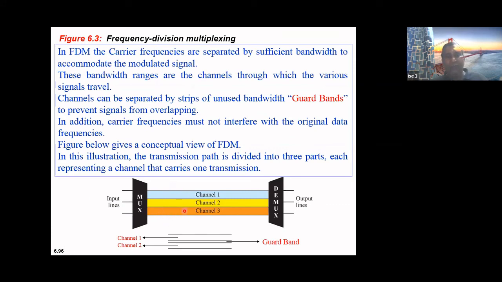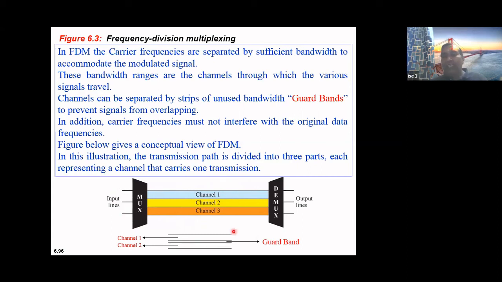All the signals coming from line 1 will go across channel 1, and so on. You can take this as a single road, but it has three parts: part 1, part 2, part 3. Since the number of input lines is 3, I'll divide this into 3 parts.